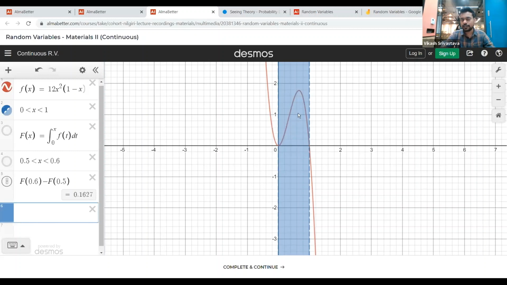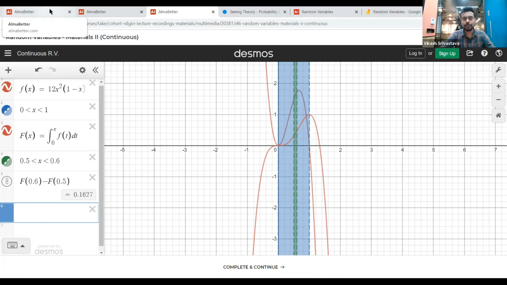This is the cumulative distribution function for it, with t dt over the interval 0 to x, and if we define x to be between these two, this particular value will be 0.16. So what is the probability that a value will be between 0.5 and 0.6?